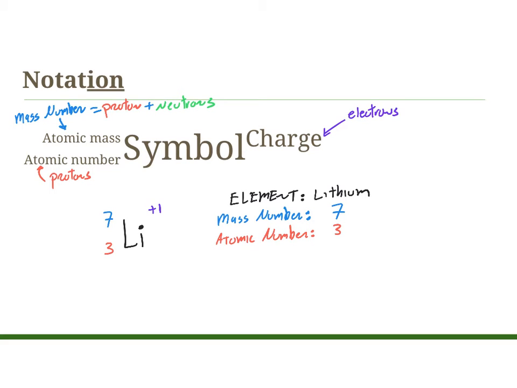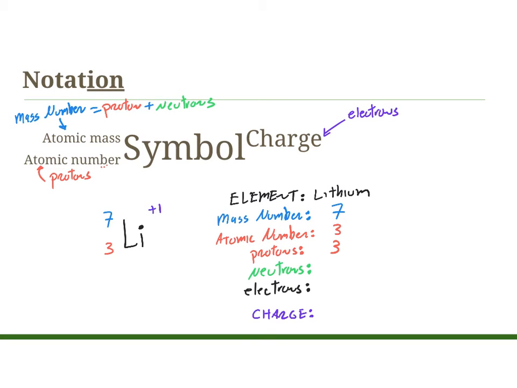So now, let's get down to the nitty-gritty here. Protons, neutrons, which we've been doing all unit, and electrons. And now we're going to add the new thing, which is charge. Okay, so protons. The atomic number tells me the number of protons, so in this case, it's going to be 3.